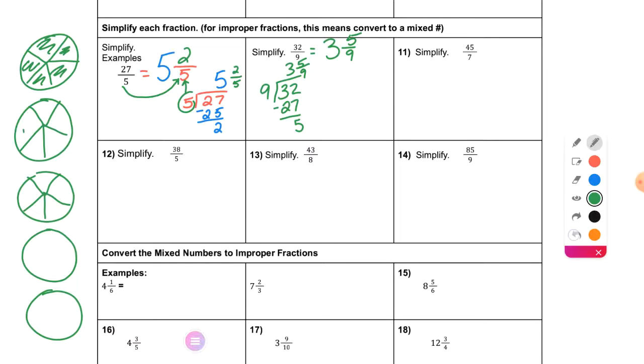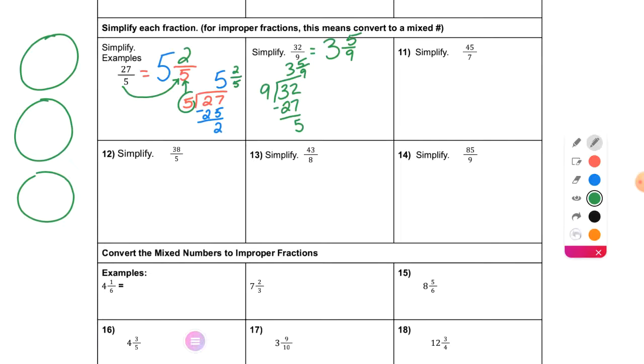Okay, let's go down to the last examples. We're going backwards now, changing mixed to improper. How do I change mixed to improper, Caleb? Yeah, we do the little wheel thing.